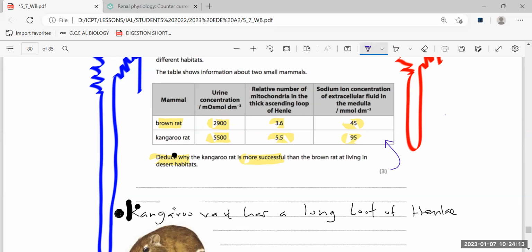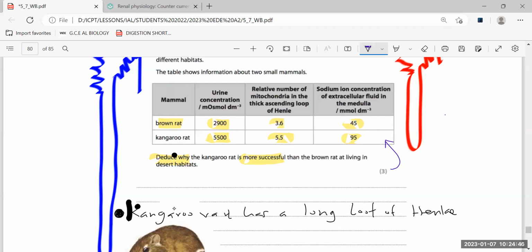Sometimes, rarely, it is not important to use one or two data in the table, but almost all questions coming in any unit, we should use all the data in the table. It doesn't matter whether they are in the marking scheme or not, because our chances are high to get the full mark, right?